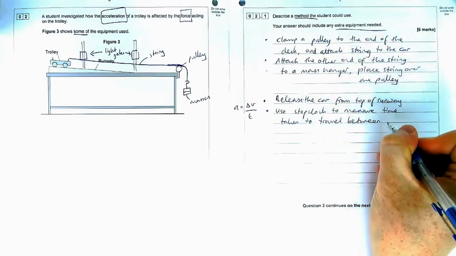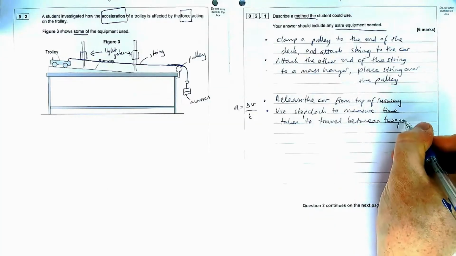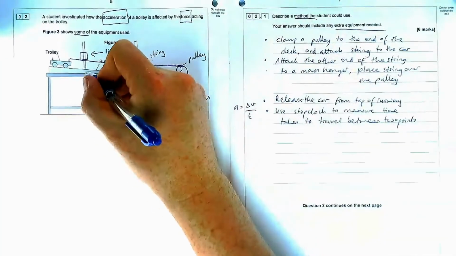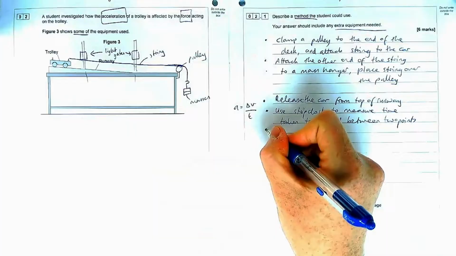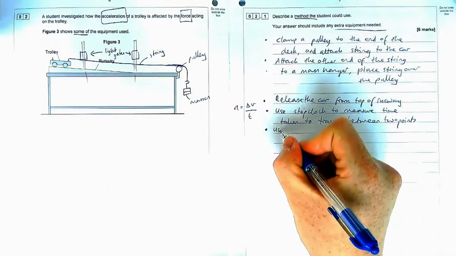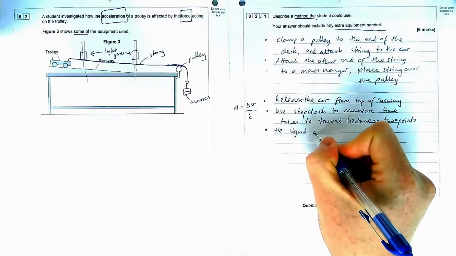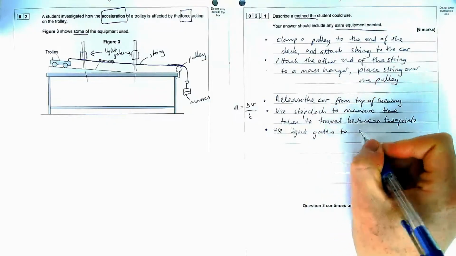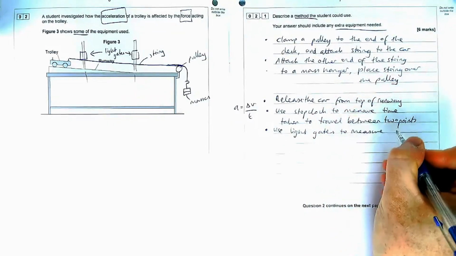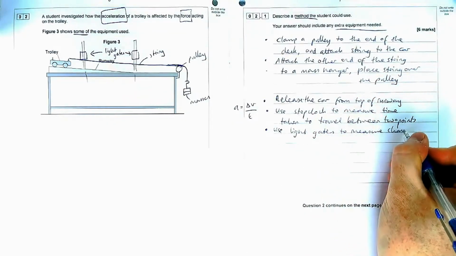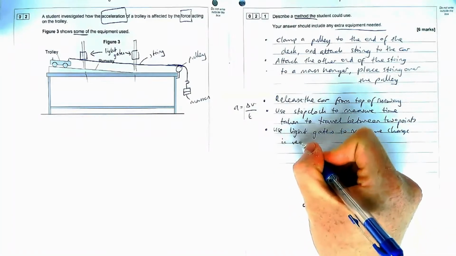Now those 2 points we don't need to write on here, but they're there and there. So the next statement we're going to say is we're going to use light gates to measure the change in velocity between those two same points.